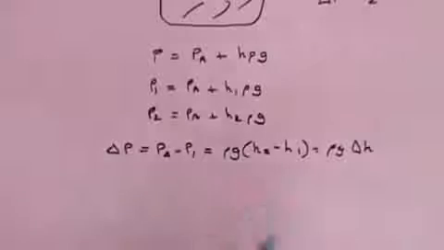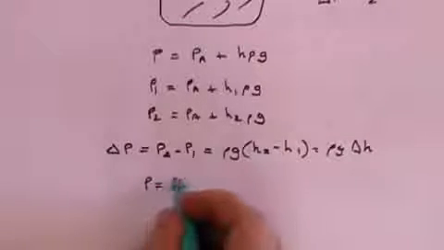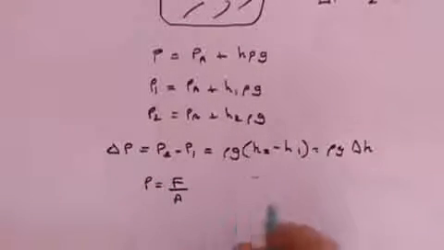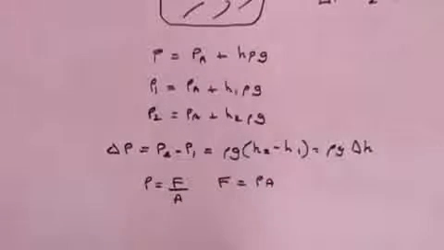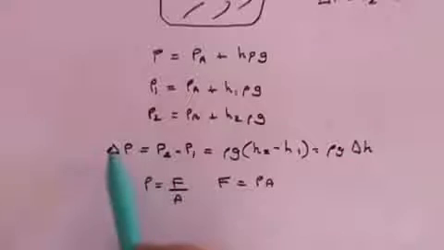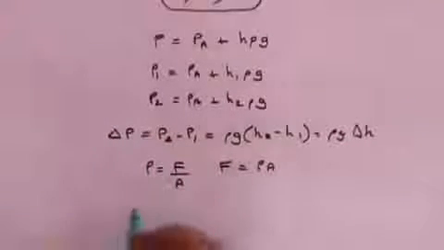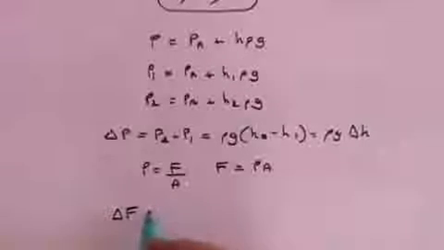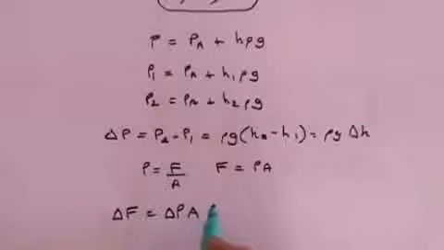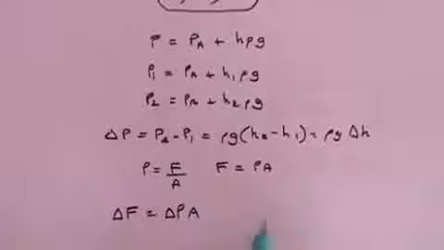Now let's just remind ourselves that pressure is defined as force over area, and therefore force is equal to pressure times area. And therefore if we take this delta P here, we can say that the difference in the force between these 2 points is equal to the difference in the pressure times the cross-sectional area, using this formula here.